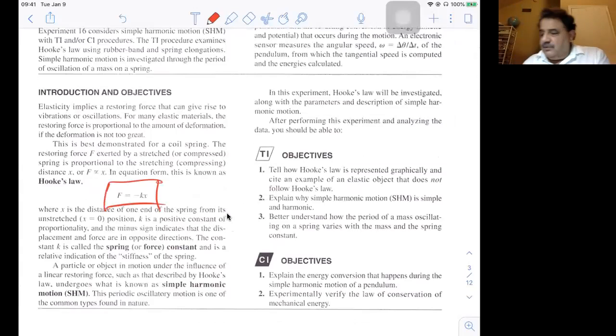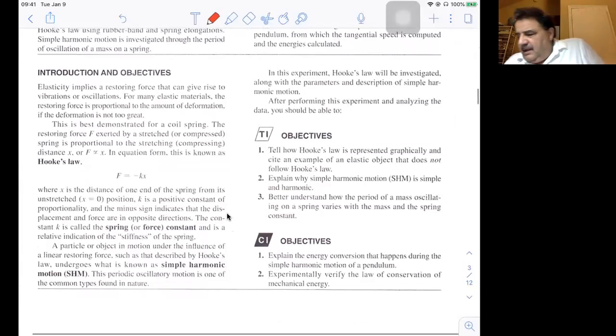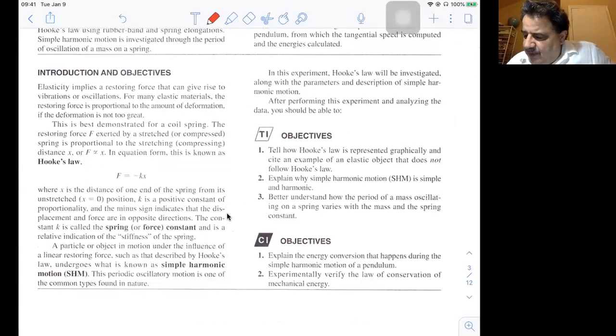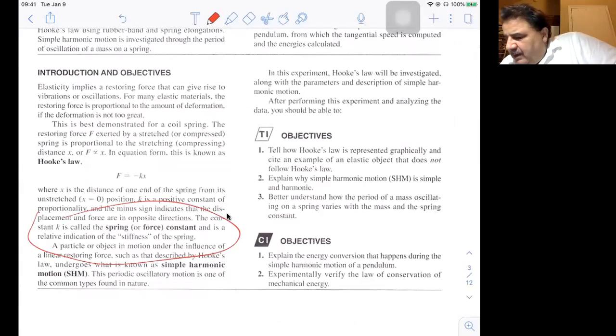The force equals minus kx, and we've discussed this in the lecture notes. Now, what is k? The constant is called the spring constant or force constant, and it's a relative indication of the stiffness of the spring.